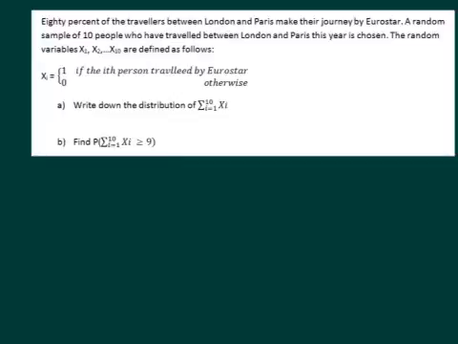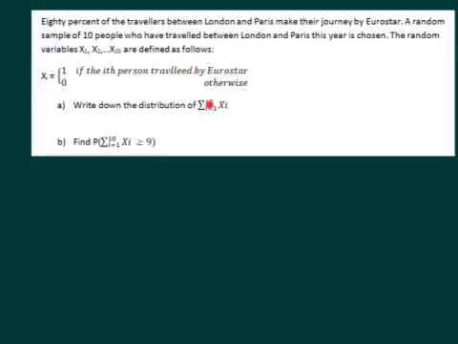This looks very hard, but in fact it's quite straightforward, because all this is saying is we've got to add up these numbers, and that's going to be 1 for every time someone did travel by Eurostar and 0 if they didn't. So if you add up those numbers, you're going to find the total number of people who travel by Eurostar, even with this spelling mistake.